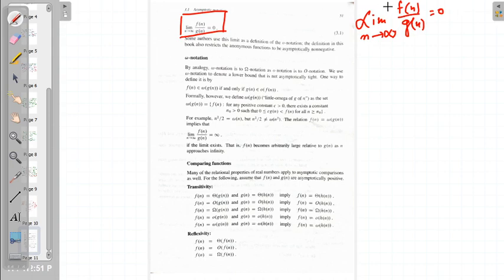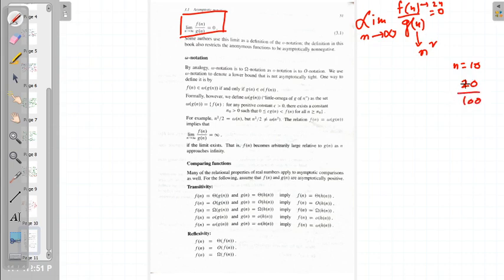In our previous example, f(n) is 2n and g(n) was n square. If I put the value n equals 10, f(n) will be 2 times 10, that is 20, and g(n) will be 10 times 10, that is 100.